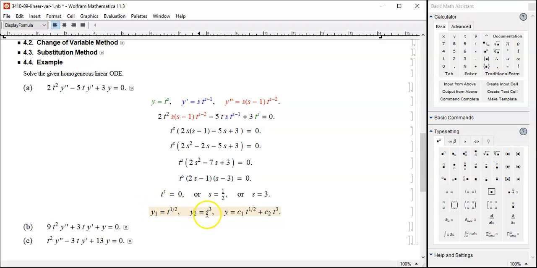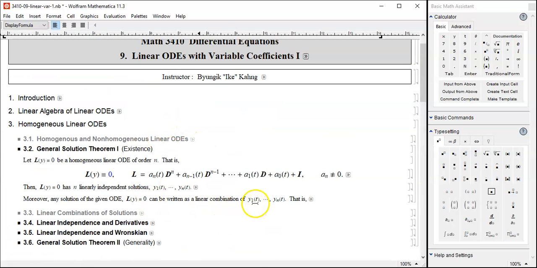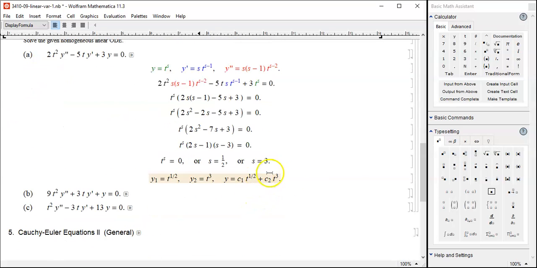We did get the linearly independent solutions. Clearly, you can see these are not collinear. And let's go back to that general solution theorem. Once you find those linearly independent solutions, put them into linear combination. That is the general solution, which I just did here. So that is the general solution.